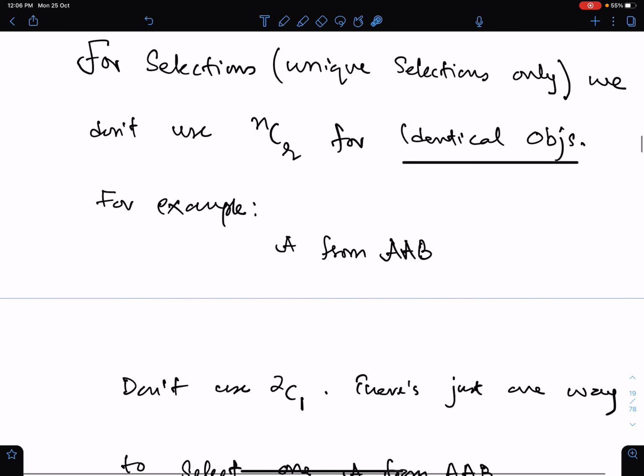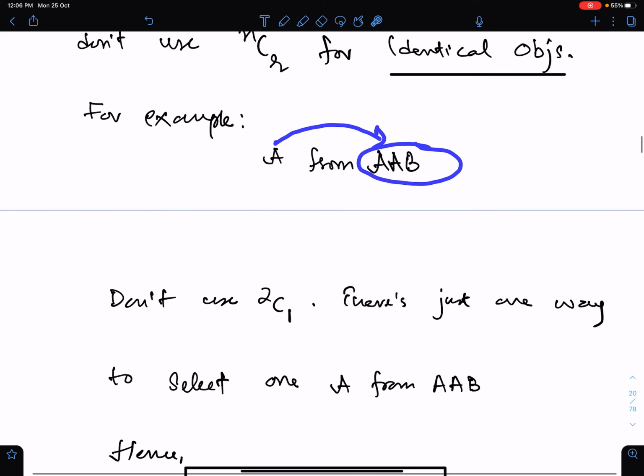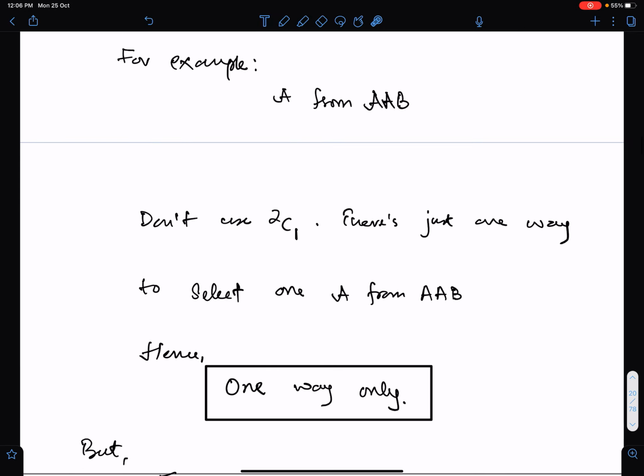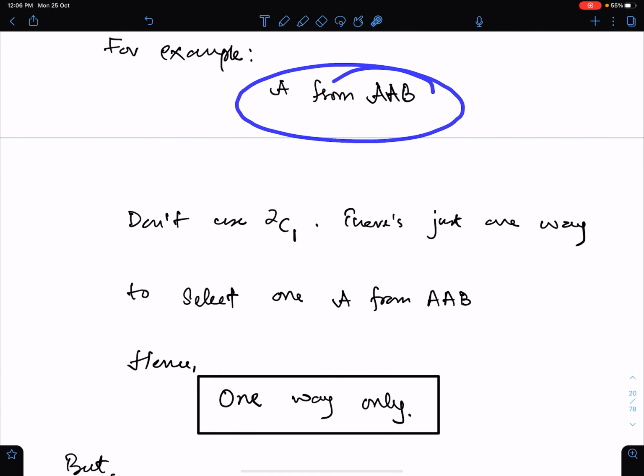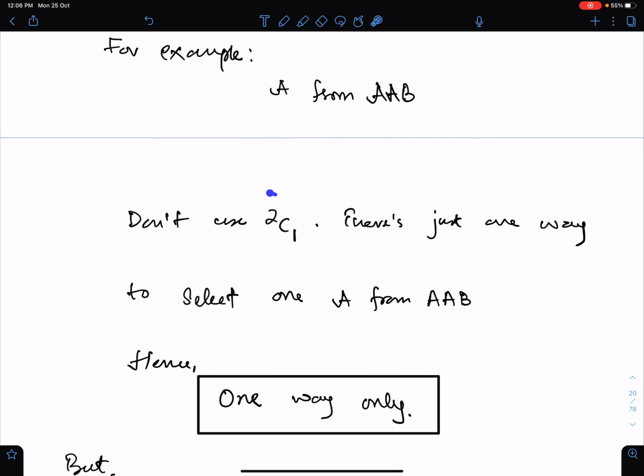For example, if we need 1A from these three letters, then there is just one way to select 1A from these three letters. Don't write 2C1. There is just one way to select 1A from these three letters.